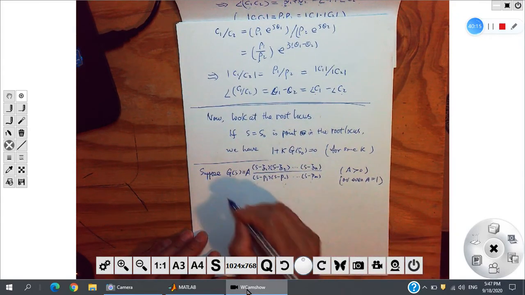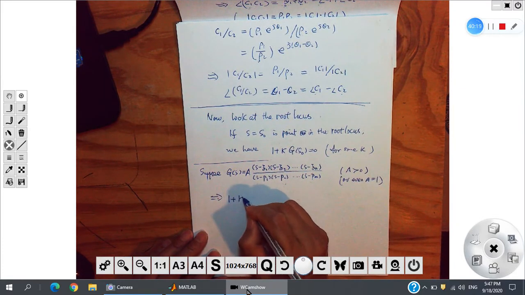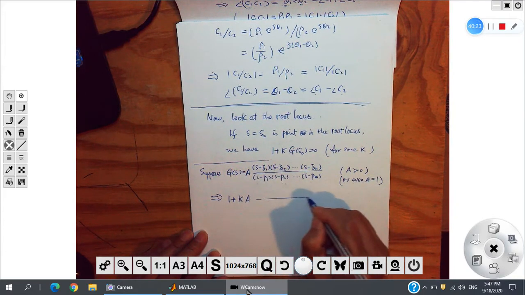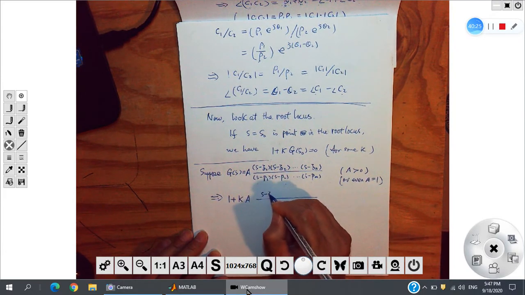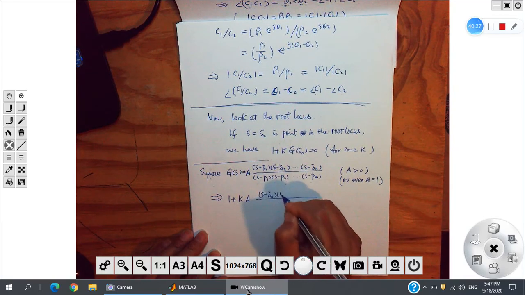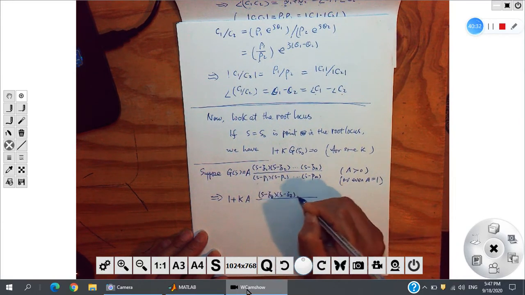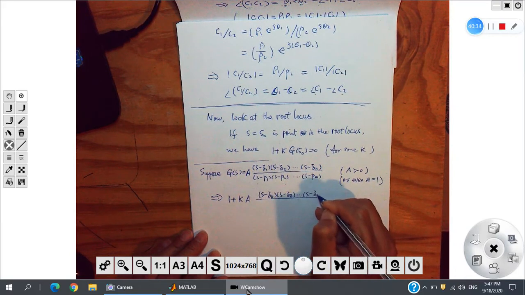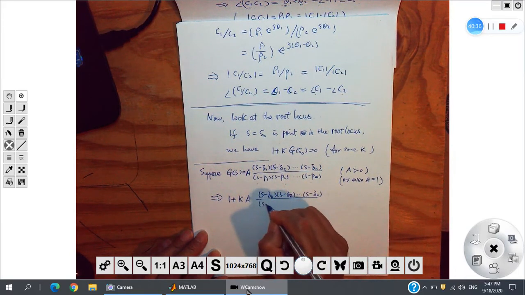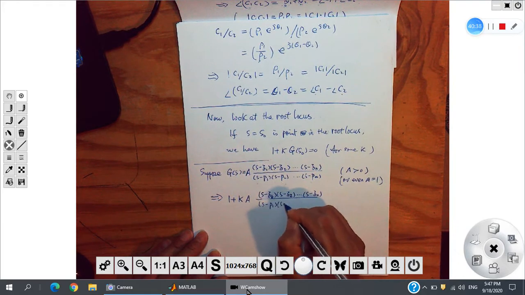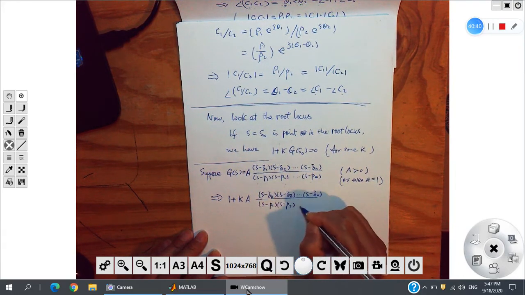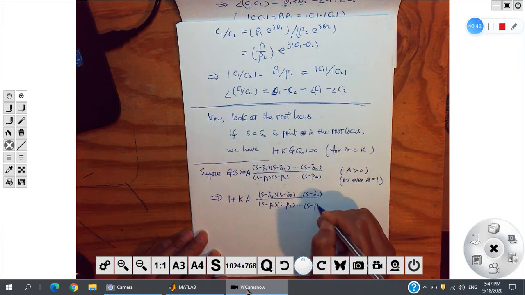Then we have 1 plus K times a times (s minus z1)(s minus z2)...(s minus zn) over (s minus p1)(s minus p2) until (s minus pm), and we have this equal to 0.